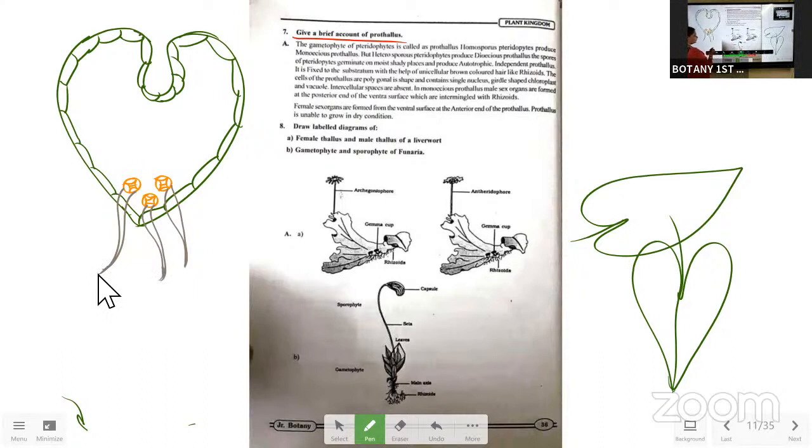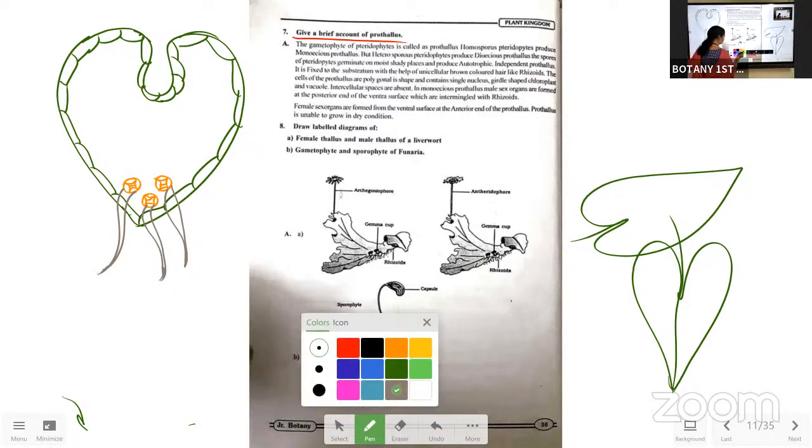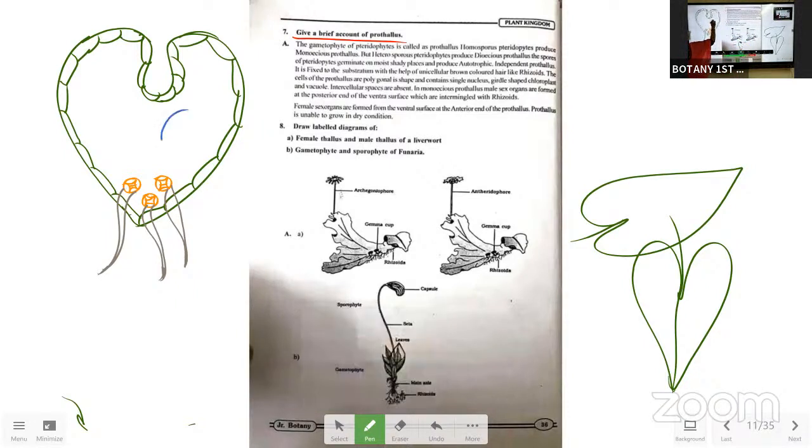Now comes the androecium. This androecium is over. Now we have to draw the gynoecium. Can you see the dot in this?